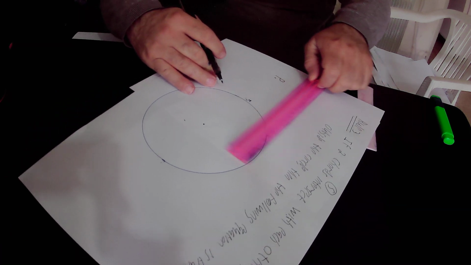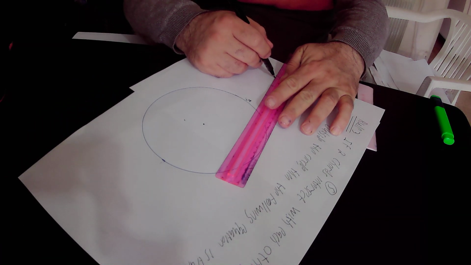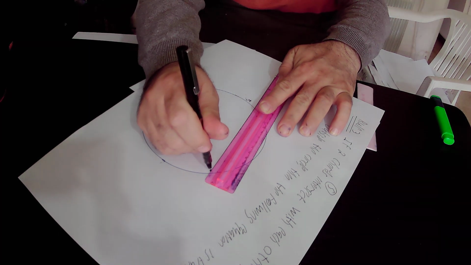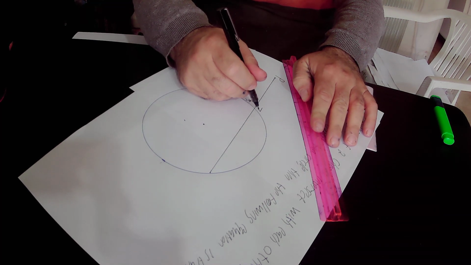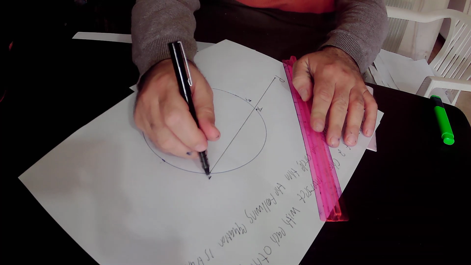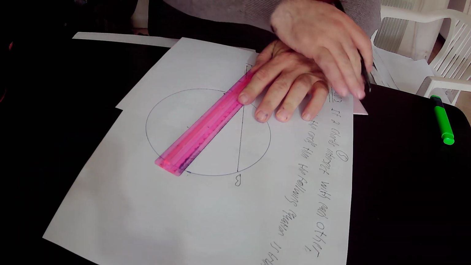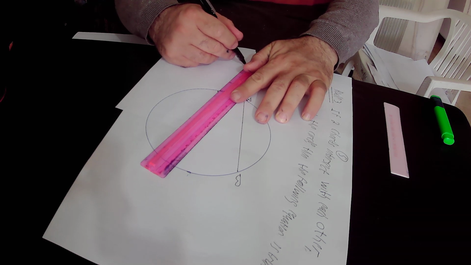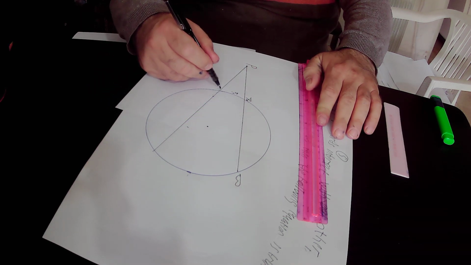So here, the first chord is called AB, and the second chord is called CD.